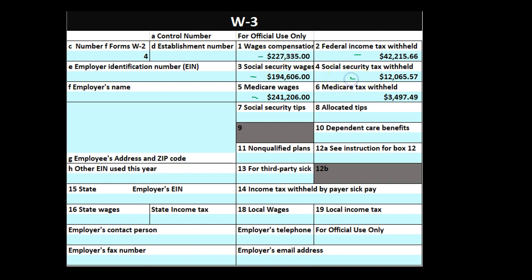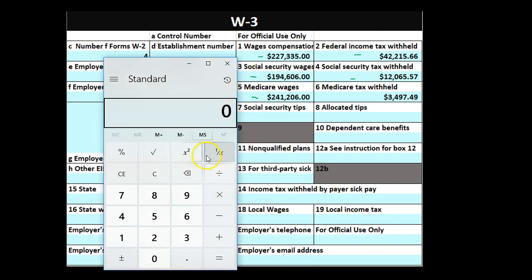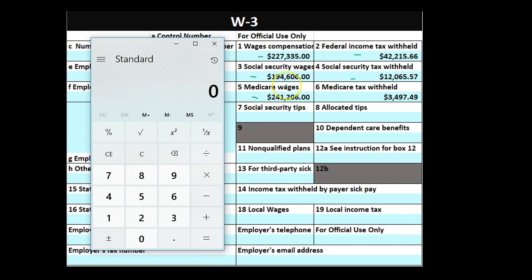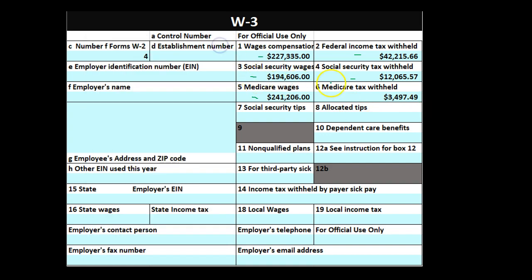Social Security, however, and Medicare can be calculated on a total basis as well, meaning the 194,606 times 0.062 gives us the $12,065.57. And if we were to take the 241,206 times 0.0145, we get the 3,497 there. So these two we can calculate because they're nice flat taxes.